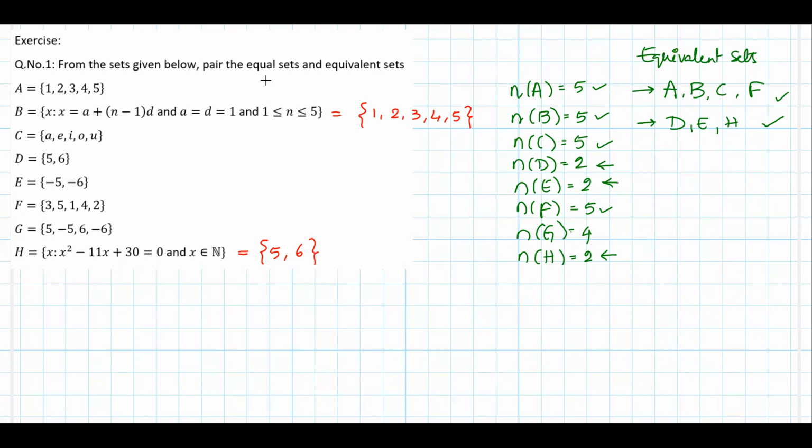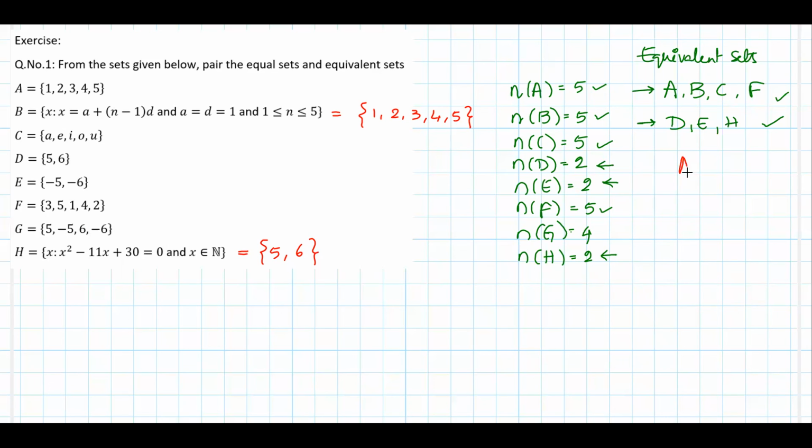Clear? So now we'll focus on equal sets. We already have the proper filter here. Equal sets can be some pair from A, B, C, F or D, E, H, because the first condition of equal sets is having the same cardinal number. Set A cardinal number is 5, set B cardinal number is also 5. Cross check with the elements. Yes, same elements. 1, 2, 3, 4, 5, 1, 2, 3, 4, 5.